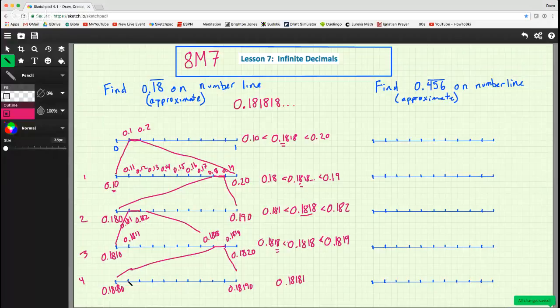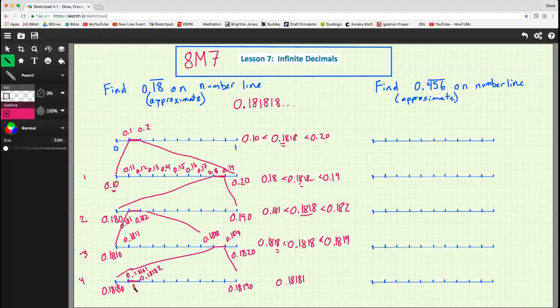So that's here. 0.18181. 18181, and this is 0.18182.